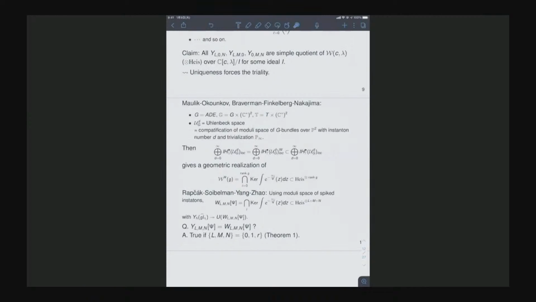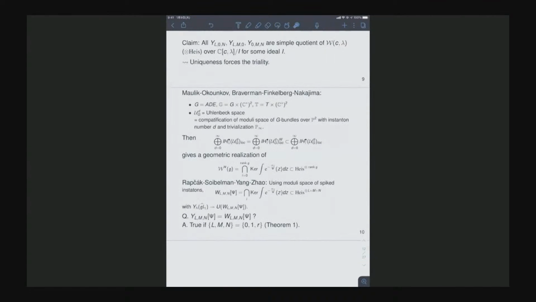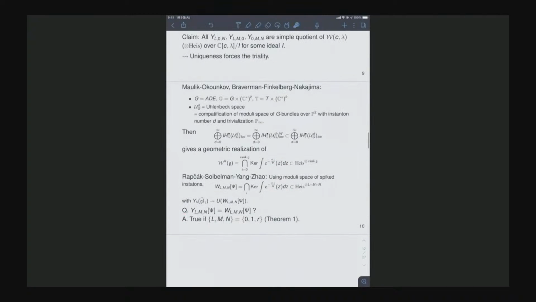They also observe a geometric action, and found an affine Yangian action, densely inside the universal enveloping algebra with Stauch algebra. So the natural question is whether this Y algebra is equal to the W algebra. Naively, not really, but if (L,M,N) equals (0,1,n), this is true. The proof uses the screening realization of the W algebra and checking the notation. It is very easy, but anyway, we can prove this result.